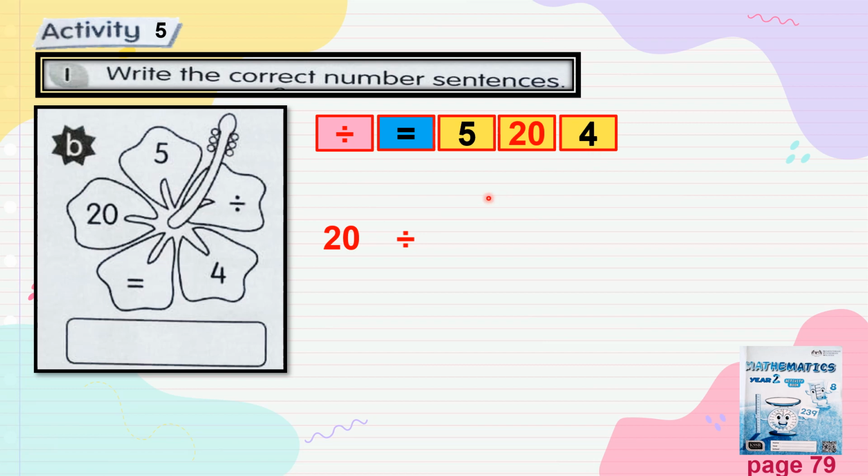Okay, for this, I choose 5. Then followed by the symbol of equal to. Now we get the answer 4. 20 divided by 5 is equal to 4. We also can write 20 divided by 4 is equal to 5.